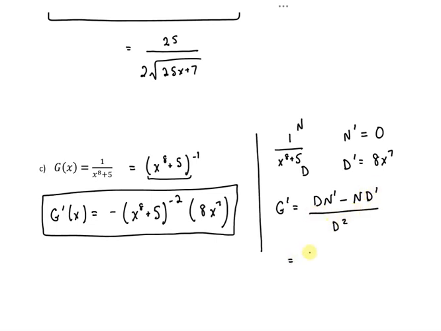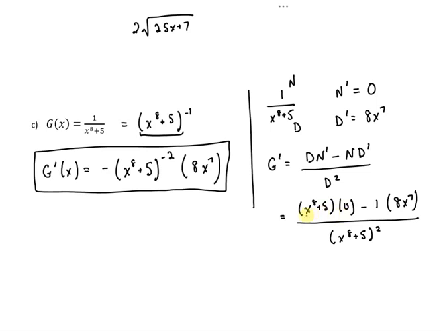So we would get x to the 8 plus 5 times 0 minus 1 times 8x to the 7th divided by x to the 8th plus 5 squared.